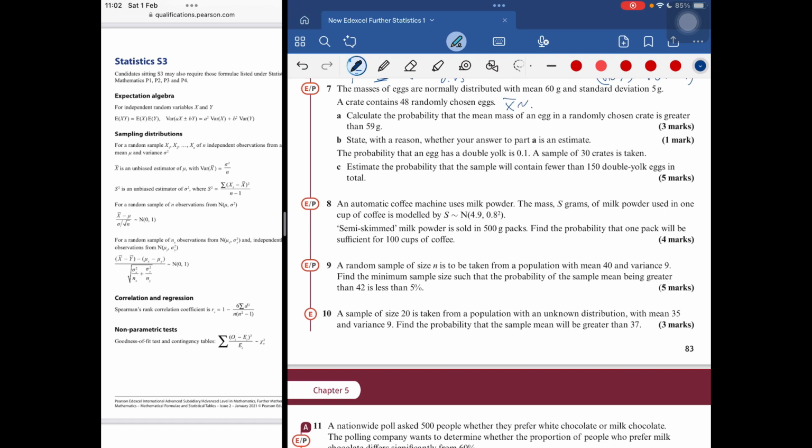X bar follows a normal distribution with mean 60 and standard deviation 5 over square root of 48. So the probability that X bar is greater than 59: normal CDF, from 59 to 9999, mean 60, standard deviation 5 over square root of 48.